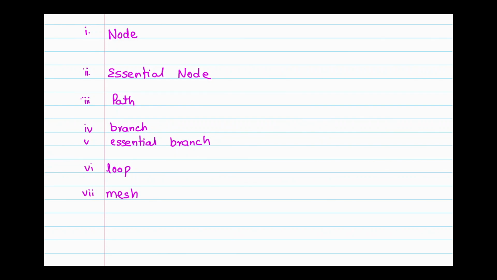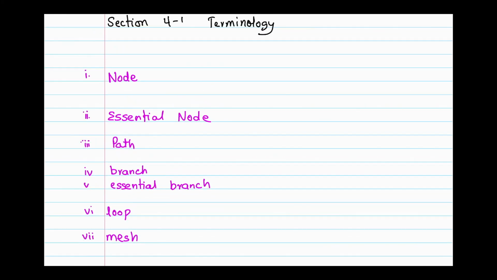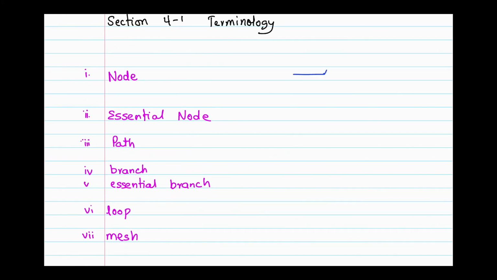So first of all, what is a node? A node is simply nothing but a point where two or more circuit elements join.